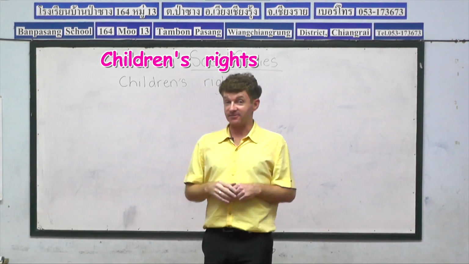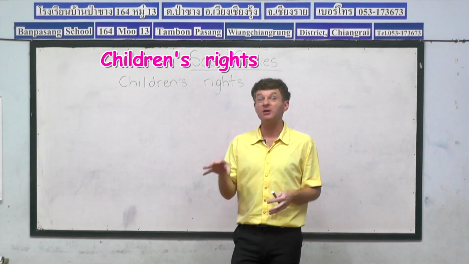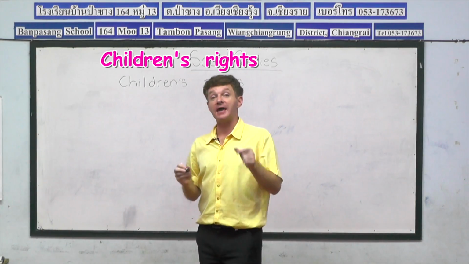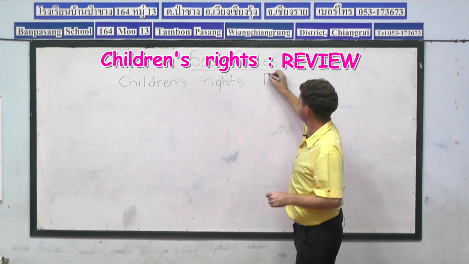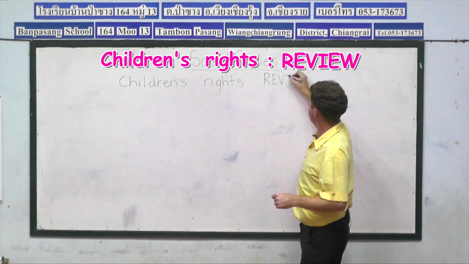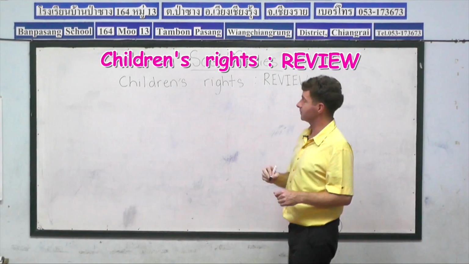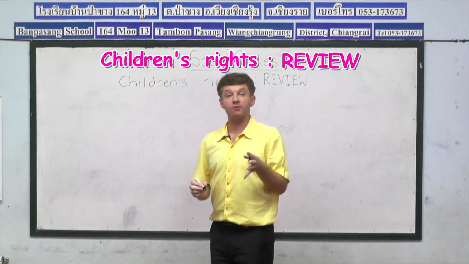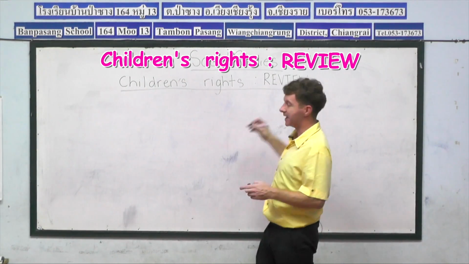And in today's lesson, we're going to be reviewing everything that we've learned about children's rights. So today is a review lesson. So review, R-E-V-I-E-W. Altogether, children's rights, review. Yes.